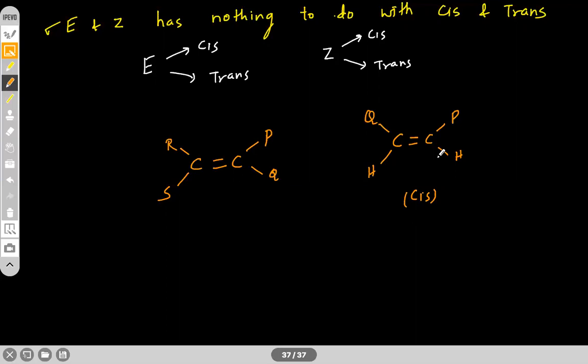But how do we assign E and Z isomers first of all? To assign E and Z isomers, we have to assign priority to the groups attached to the double bonded carbon atom.